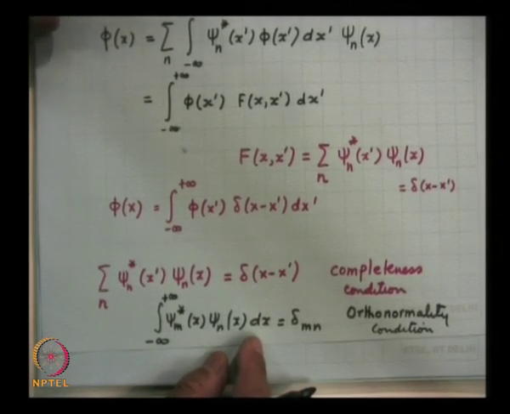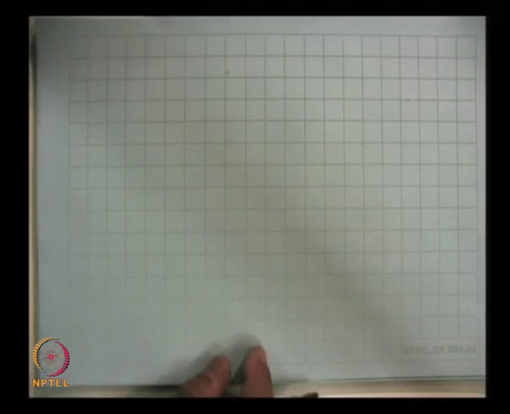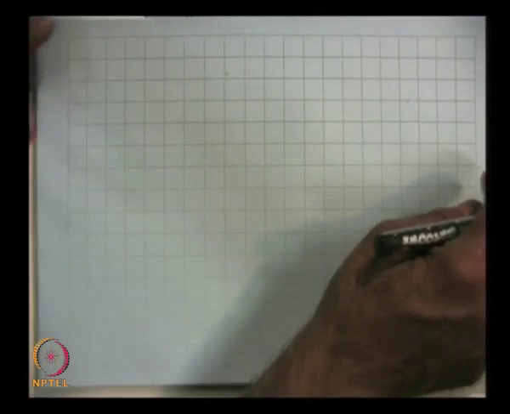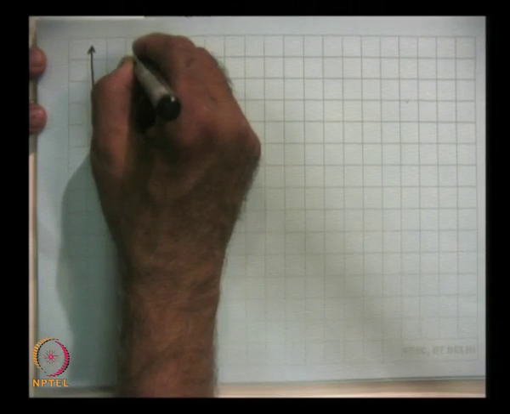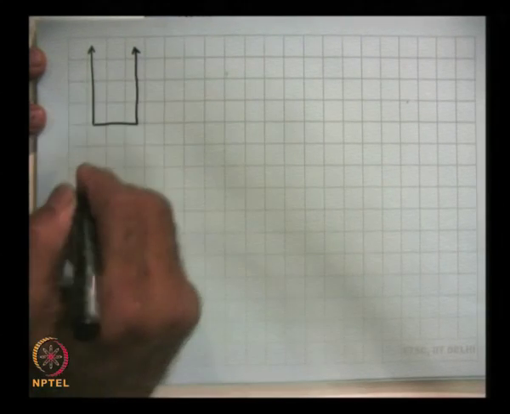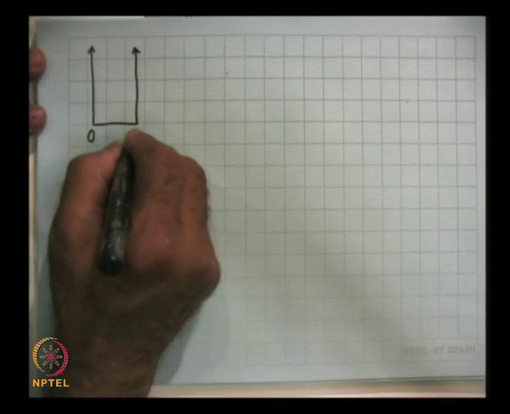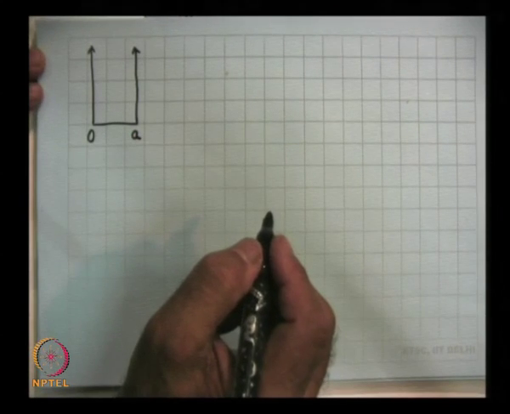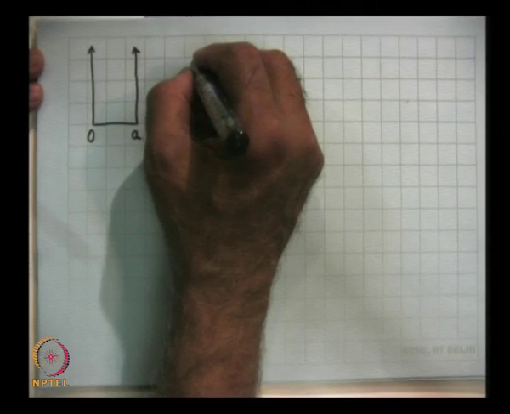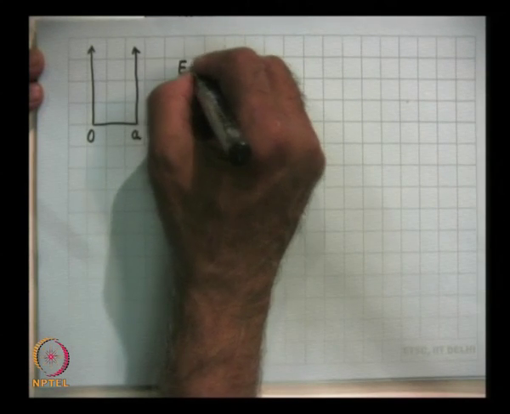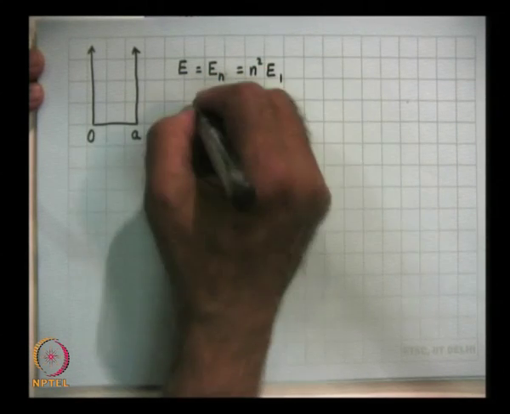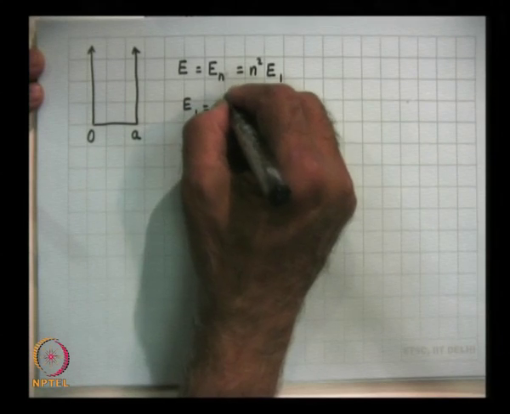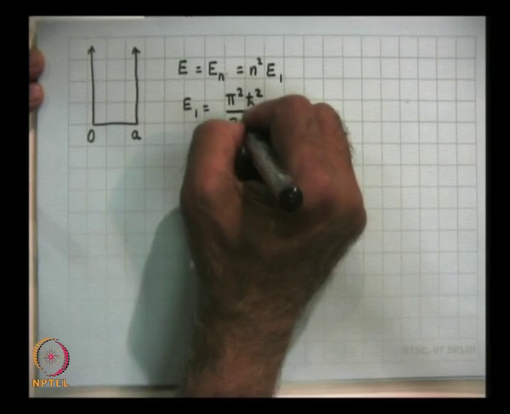Now, in the example that we had discussed in my last lecture, lecture 8, we considered a particle in a one dimensional box, and the domain that we considered was between 0 and a, and we had found that the energy eigenvalues are E n equal to n square E 1, where E 1 is equal to pi square h cross square by 2 mu a square.